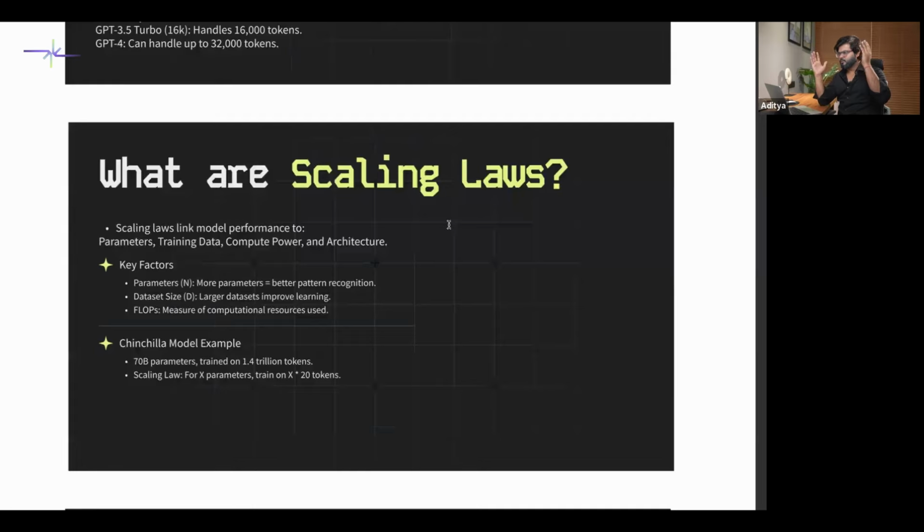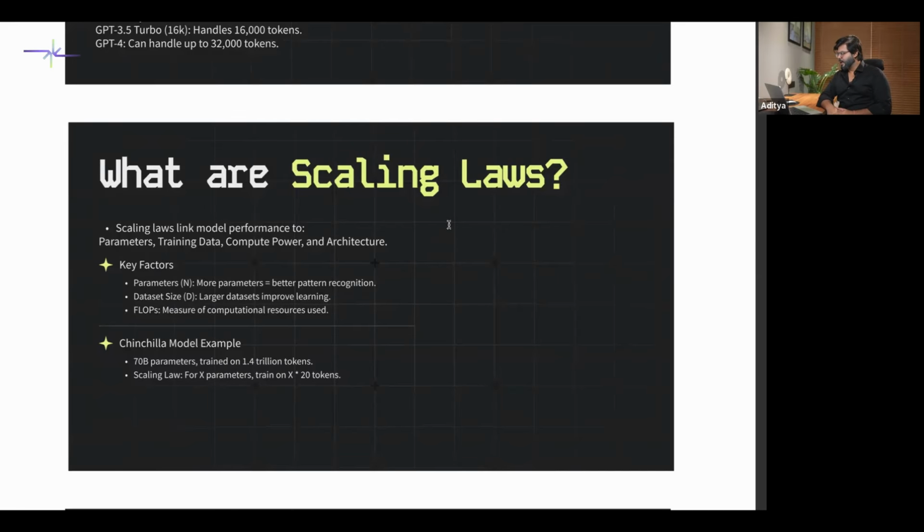You should basically compute these things in your mind. There is a parameter count n, you have a data set d, you have flops. So if you have 70 billion parameters, you just multiply it with 20, and that gives the data set of 1.4 trillion tokens on which it is trained.